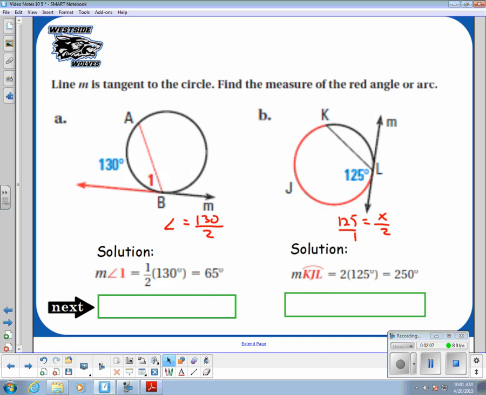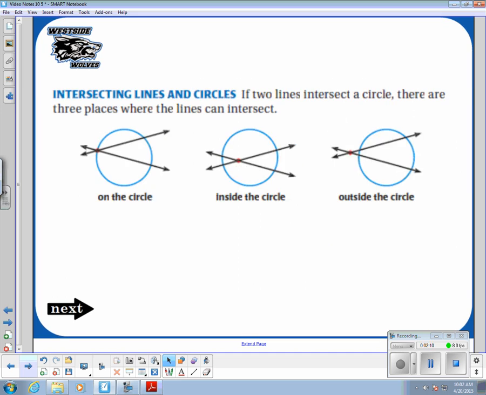Okay. And so now we go on to different ways that lines can intersect a circle. So if lines intersect on the circle, we get what's called an inscribed angle. Here, if the lines intersect in the circle, we just get an angle in the circle.